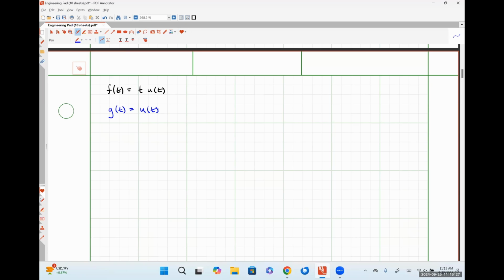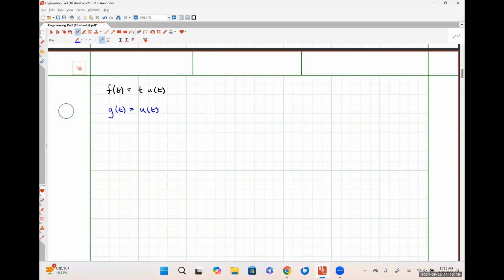It's scaled, but not by a constant amount; it's scaled by an amount that's changing in time. So it's not going to be a derivative, right? The derivative of g of t is the Dirac delta function. The integral of g of t will be this guy up here, right? So let's think about what that means.